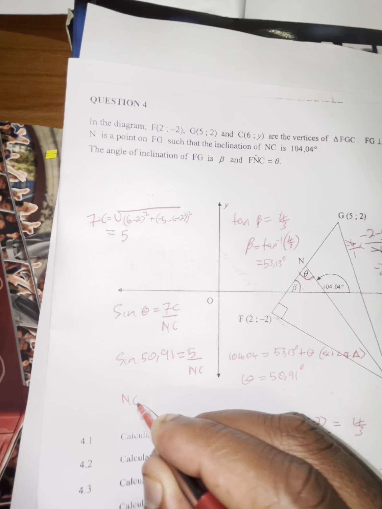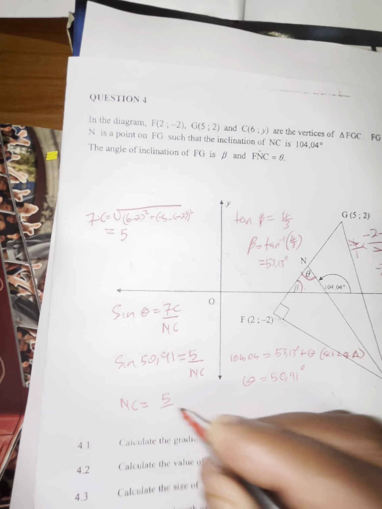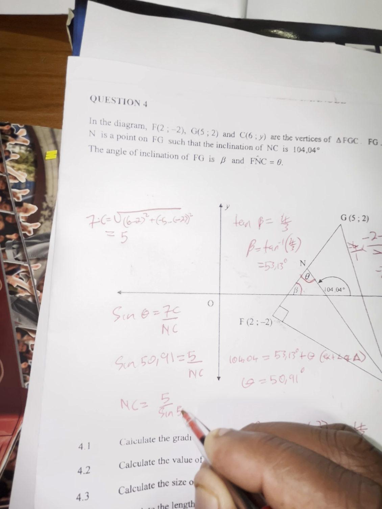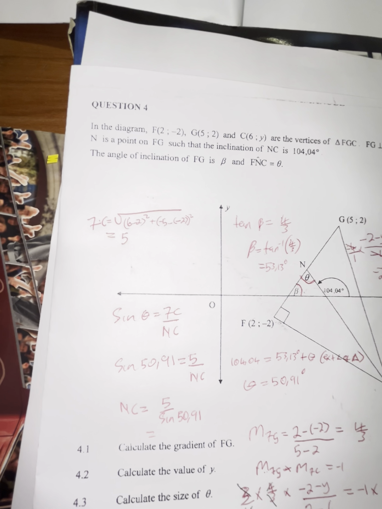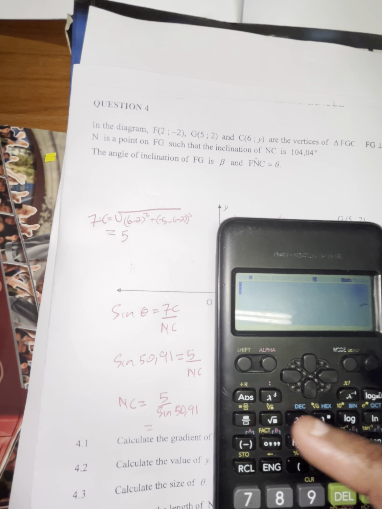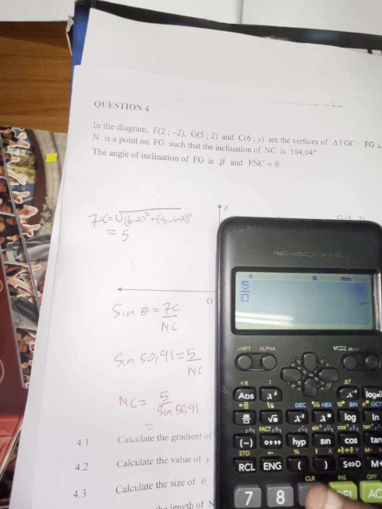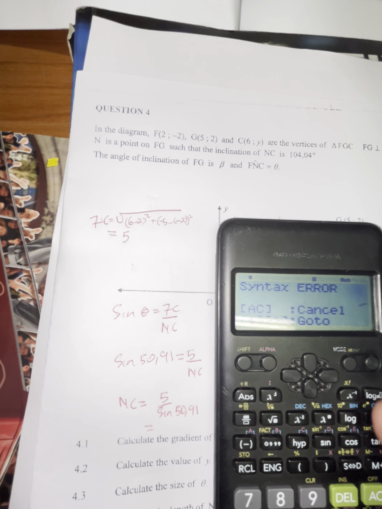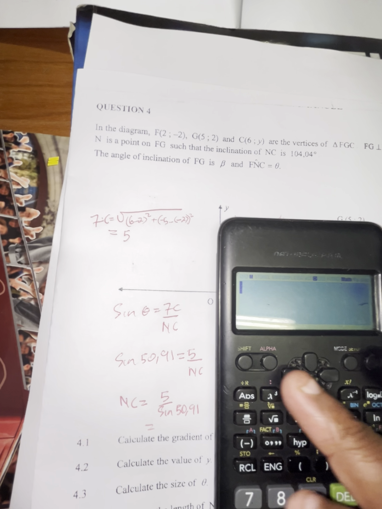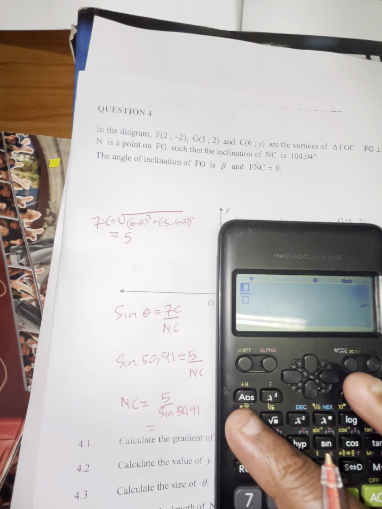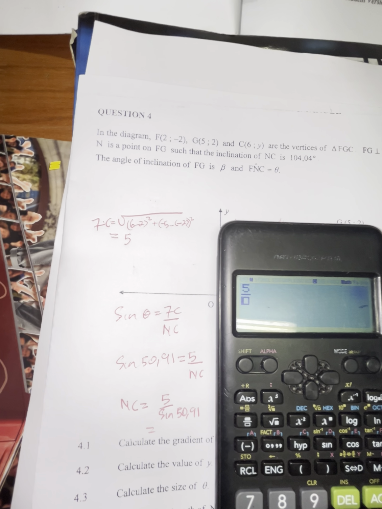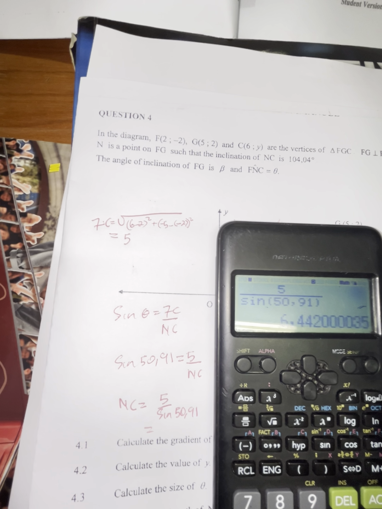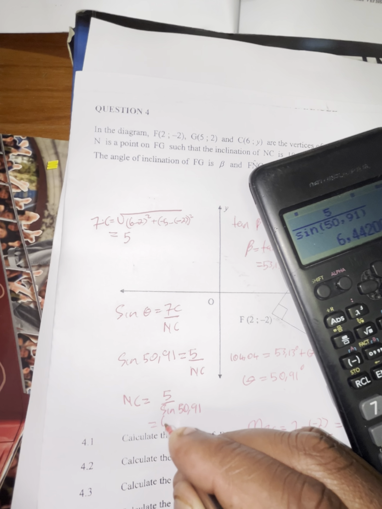Therefore NC equals 5 divided by the sine of 50.91. You use a calculator as well. Sorry, I made a mistake. It's 5 divided by sine of 50.91. So the answer is 6.4.